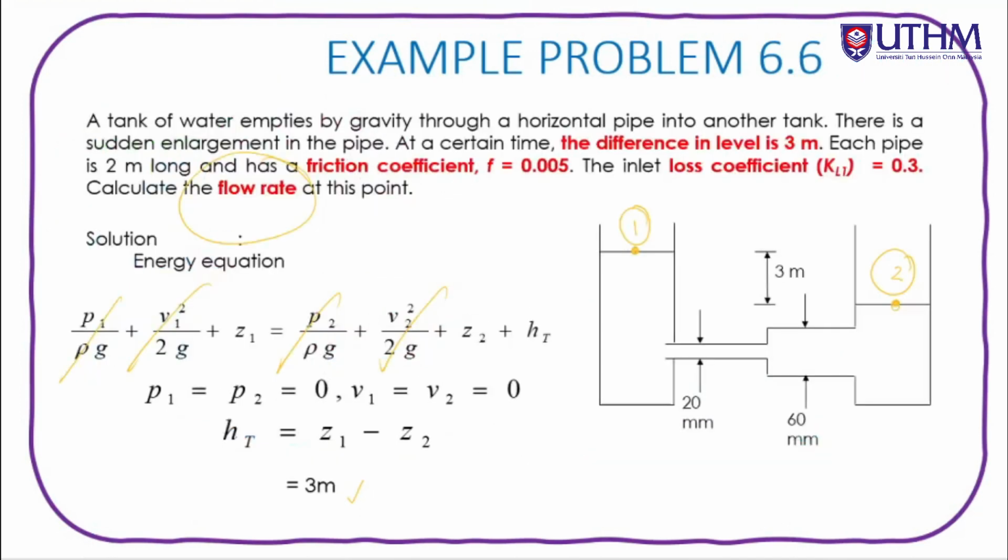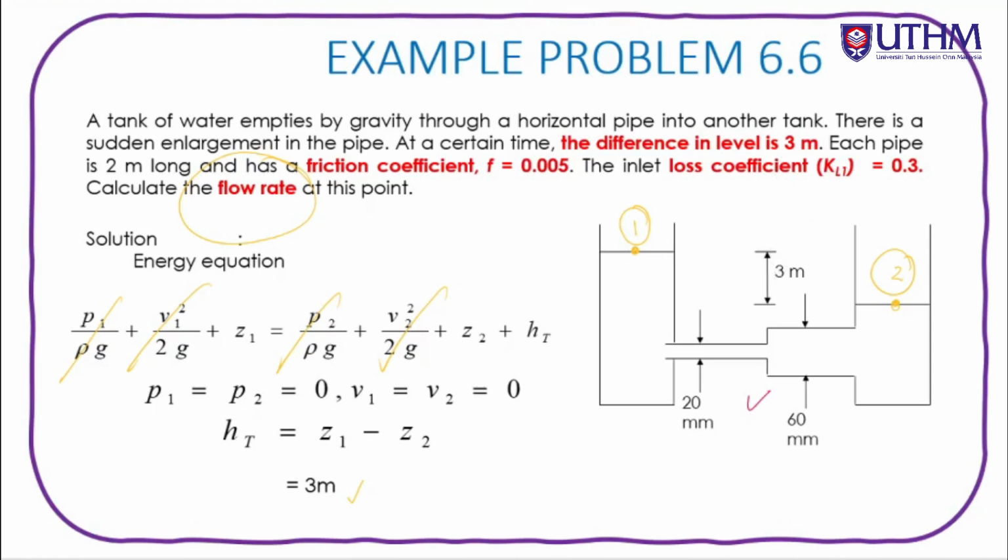Okay. Now we proceed with yet another example. So kita baca dulu soalan dia. A tank of water empties by gravity through a horizontal pipe in another tank. So dia ada tank 1 and tank 2. There is a sudden enlargement, dan dekat sini sudden enlargement in the pipe. At a certain time, the difference in level is 3 meter.